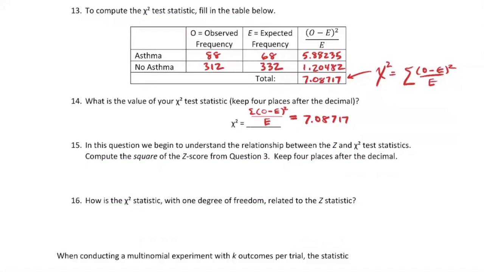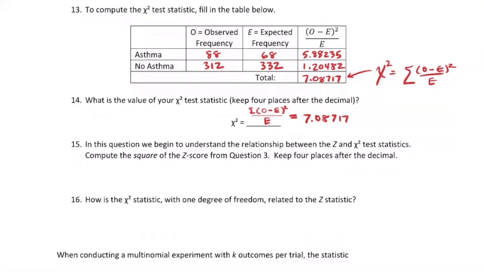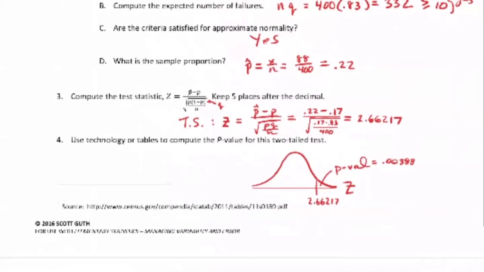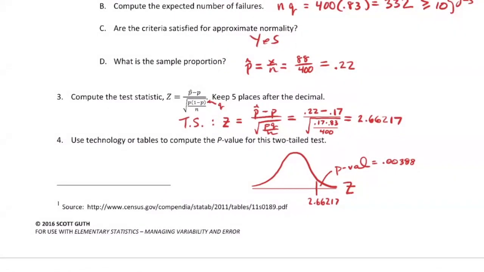Okay, now here it says in this question, we begin to understand the relationship between the z-score that we did before and the chi-square statistic that we just did. It's asking us to compute the square of the z-score from question 3. All right, z squared is what they're asking for. So I have to go all the way back to question 3. Here's our z-score, 2.66217, super precise.